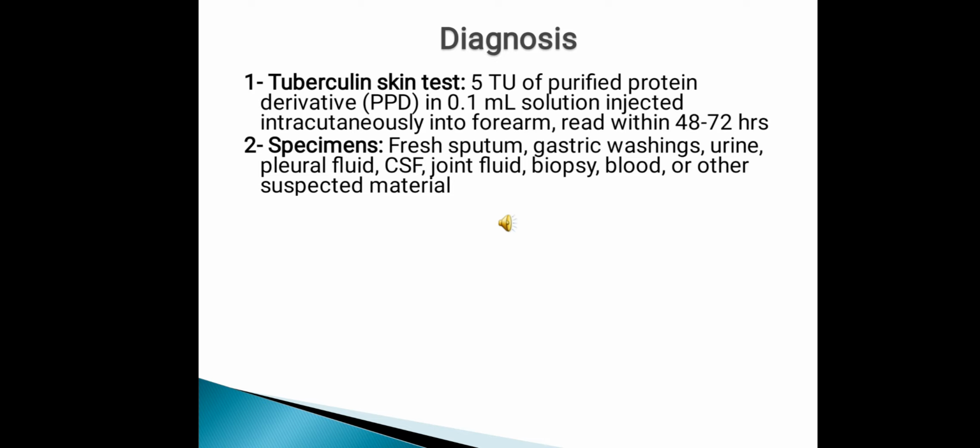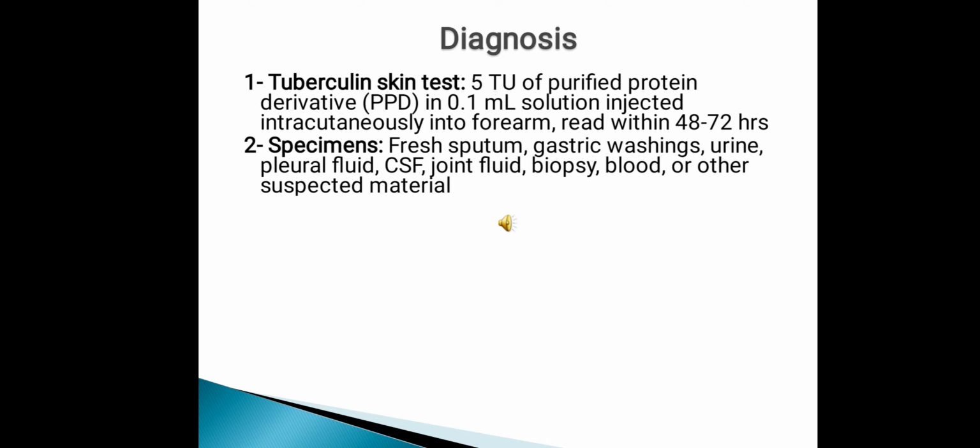This protein is usually prepared in 41 ml and can be used as an injection into the forearm, and we can read the result after 48 to 72 hours. If there is redness or swelling at the site of injection, it is positive, and if there is not, it is a negative result.